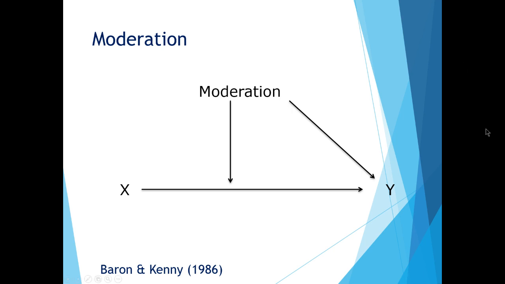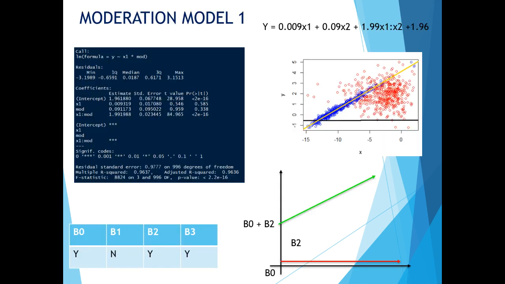So now we're going to run 3 moderation models. So first up, we have this model, which is where we have B0, B2, and B3 being significant, while B1 is not significant.